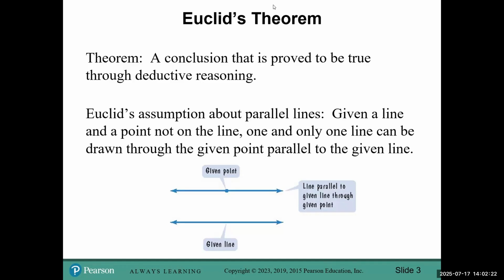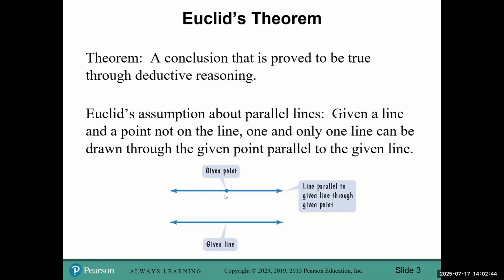true. So for Euclid's theorem, we're going to first think about if I have a parallel line and then a point. So imagine this bottom line and this point. Euclid made an assumption that there's only one way to draw a parallel line through this point and parallel to this line.